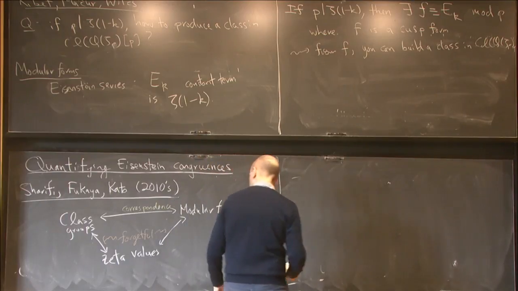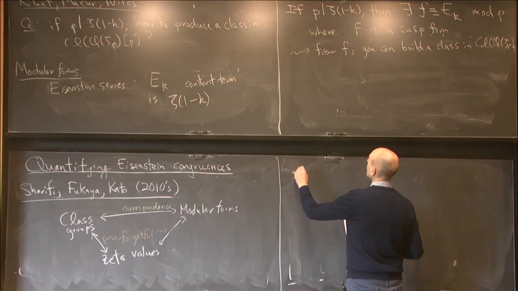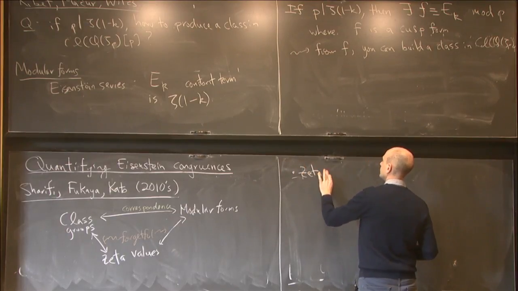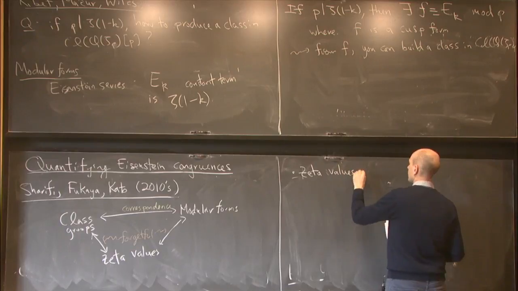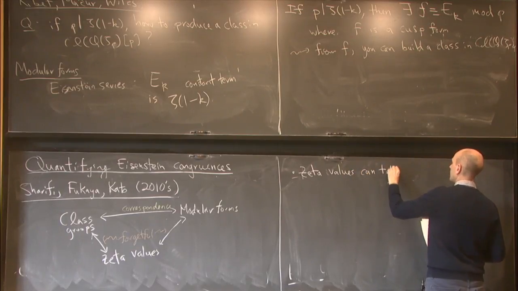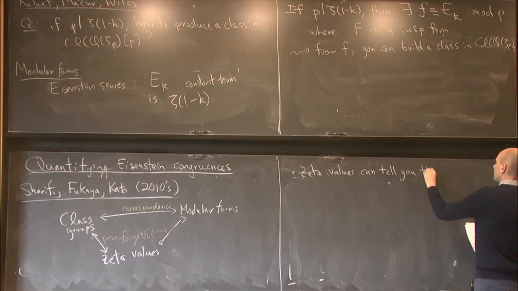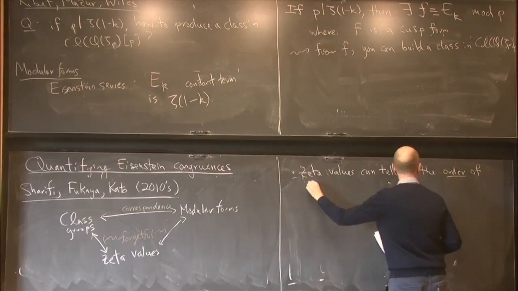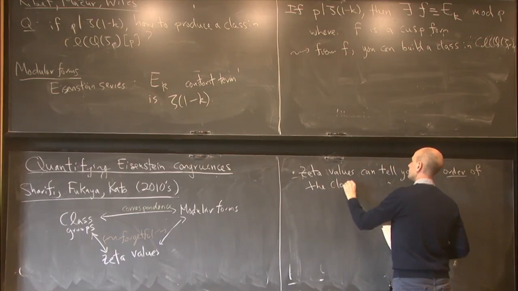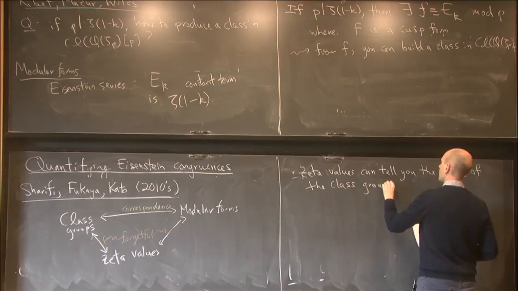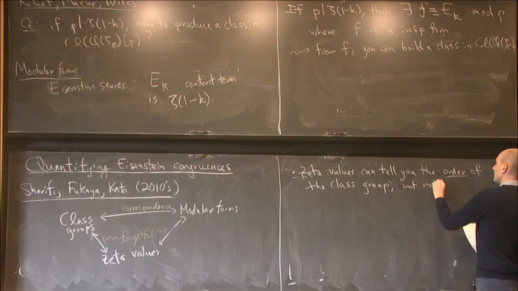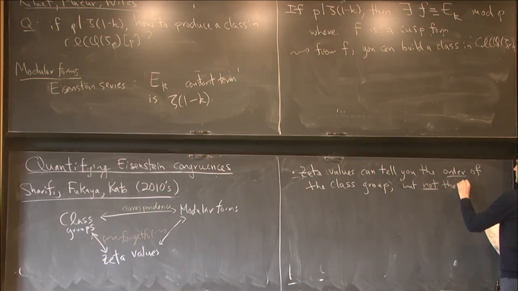So for example, the zeta value can tell you the order of the class group, but not the abelian group structure.